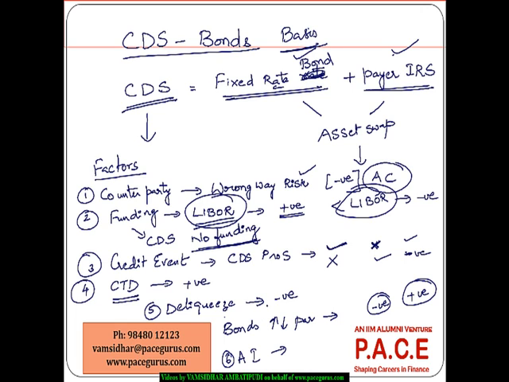So again, it is making the basis negative. Some of the definitions and concepts associated with the CDS and the bond are driving the differences between the spreads associated with the CDS and the bond, and that is what we call the basis. The basis could differ, and we have to have a very good understanding of the basis.